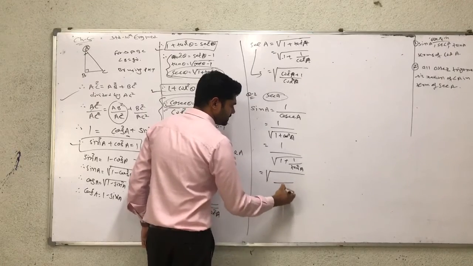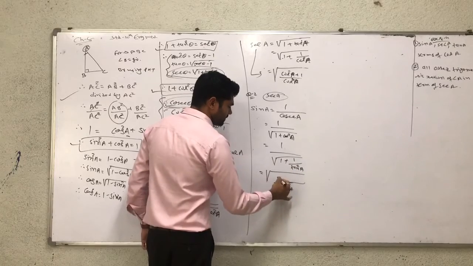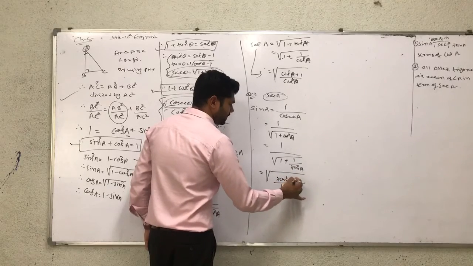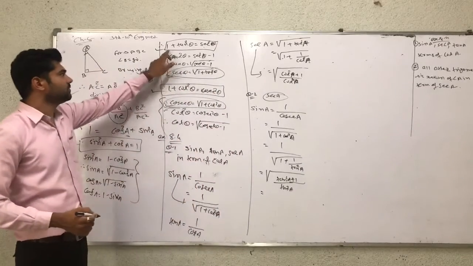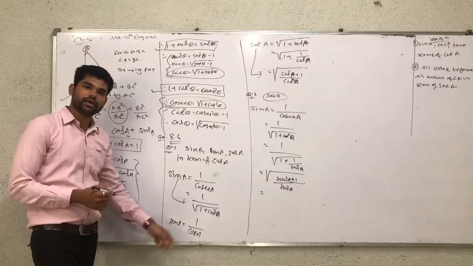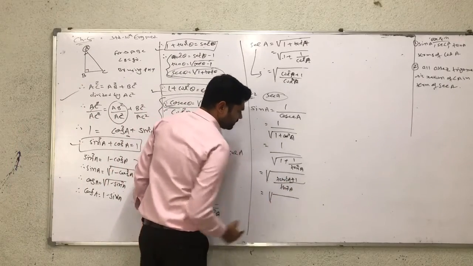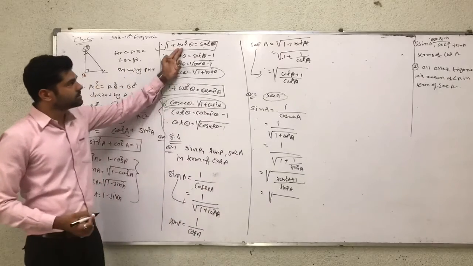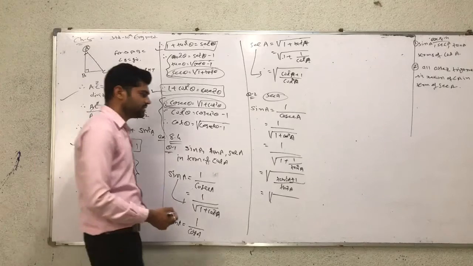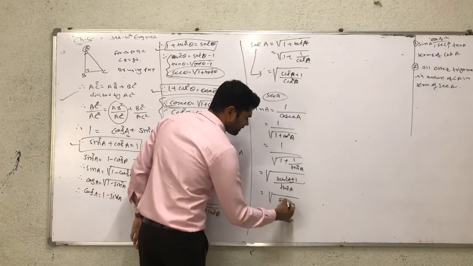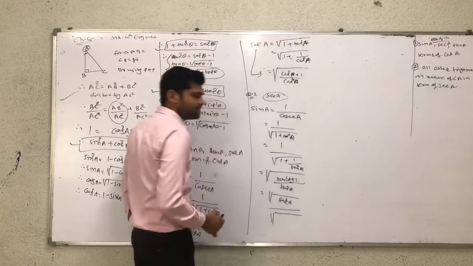Now the LCM is tan square A, and the given term is tan square A plus 1. Now the value of tan square A plus 1 is equal to sec square A. So in place of 1 plus tan square, the answer is sec square A divided by under root tan square.